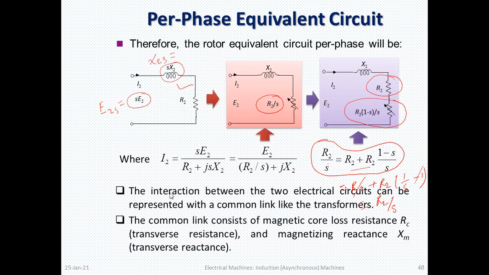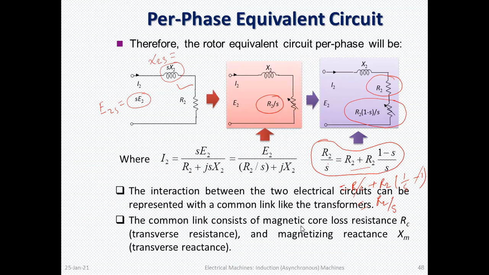The interaction between the two electrical circuits can be represented with a common link like the transformer. So this circuit we are developing will be represented the same as we represent the case of the transformer, but there are some major differences that we will also discuss. The stator side we can consider as the transformer primary, and the rotor side as the transformer secondary.